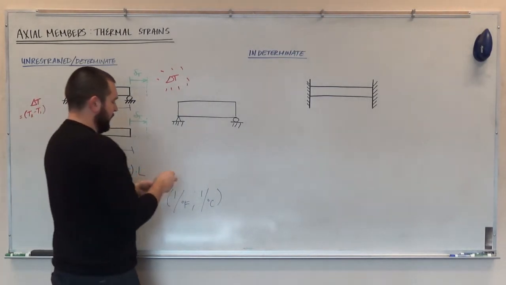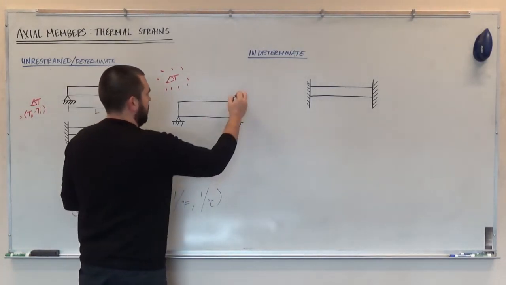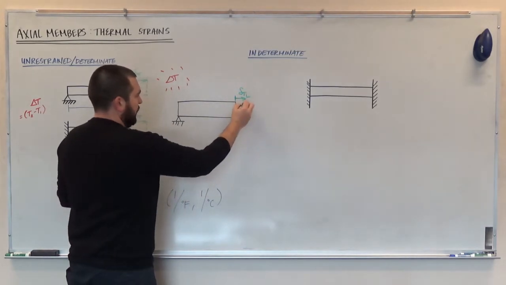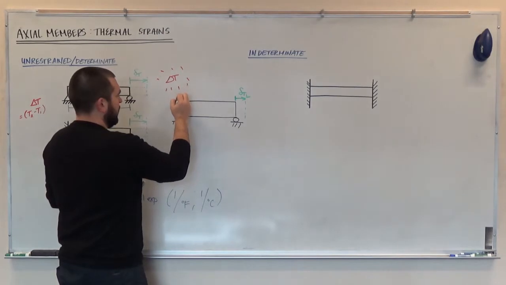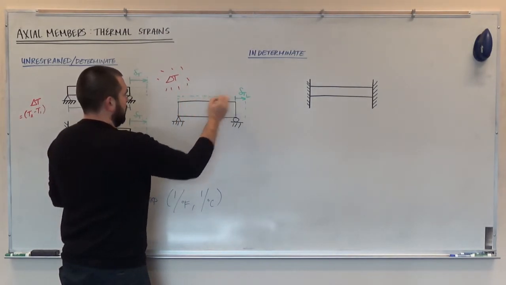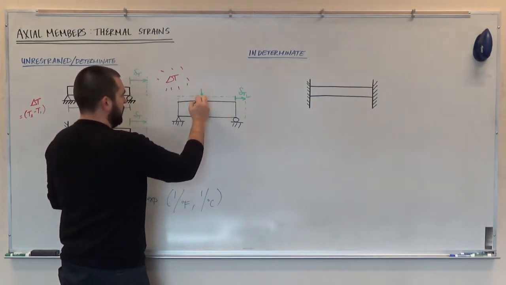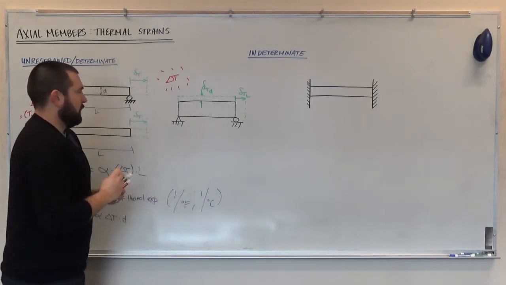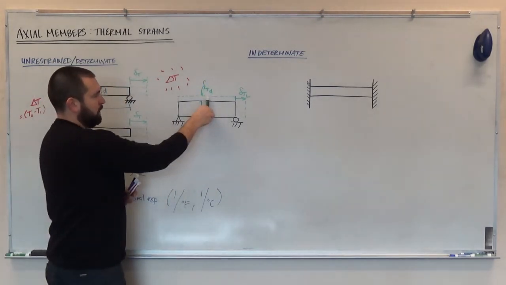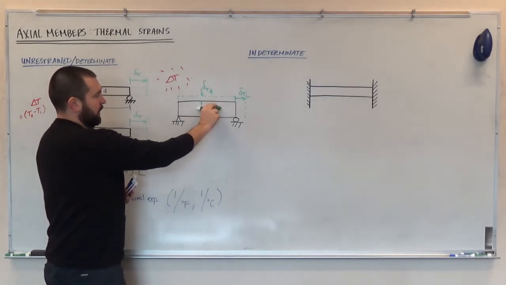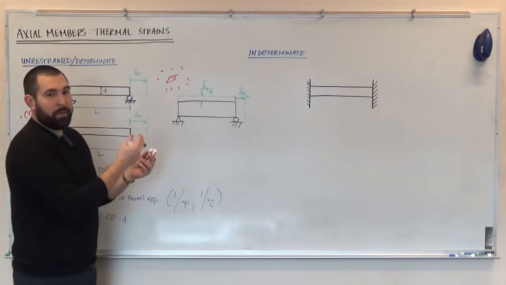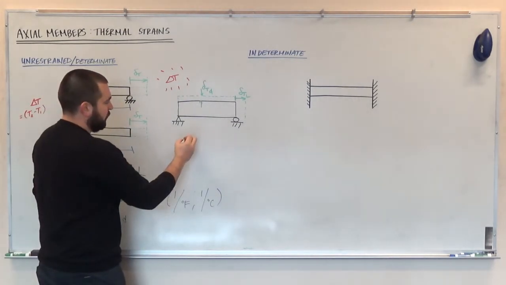And let's say that I want to calculate the change in length, but I also want to calculate the change in the depth, delta T sub d. The strain in this direction is the same as the strain in this longitudinal direction. And so it doesn't matter which way we're looking, the strain will be constant.